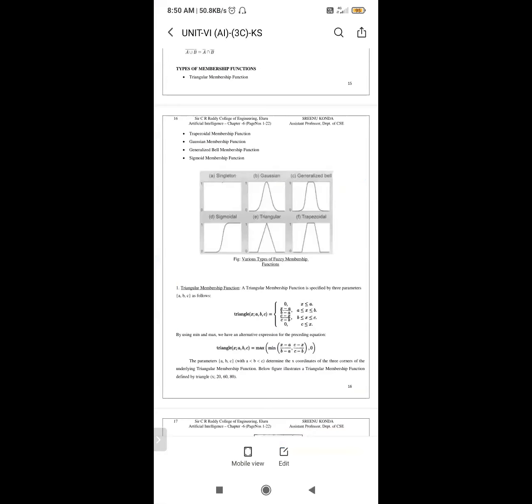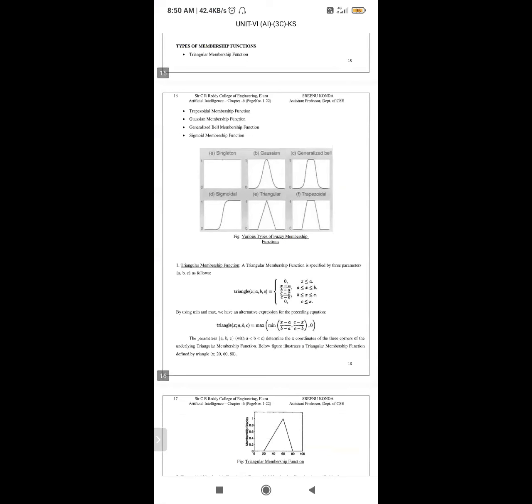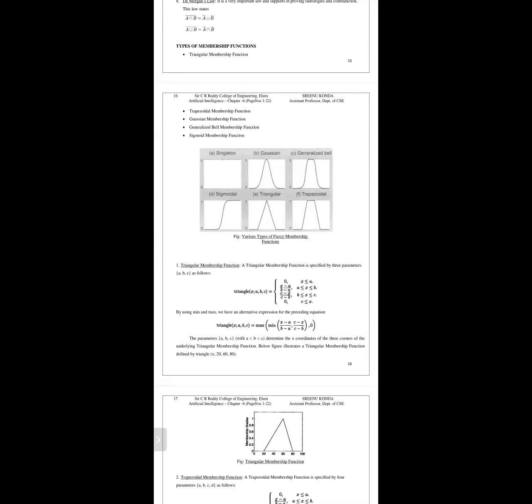So these are the membership functions. One is a triangular membership function. Next one, trapezoidal membership function. Next one, Gaussian membership function. Next one, generalized bell membership function. Next one, sigmoid membership function. So these are the six types of membership functions.